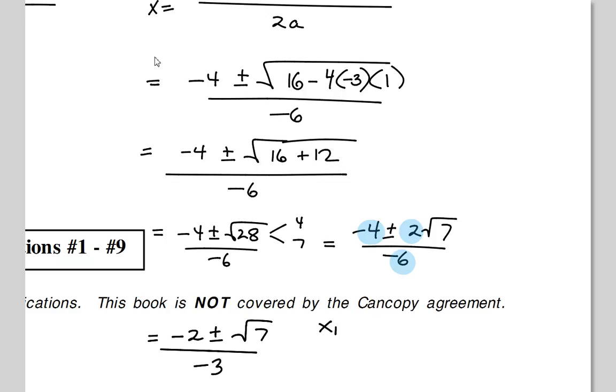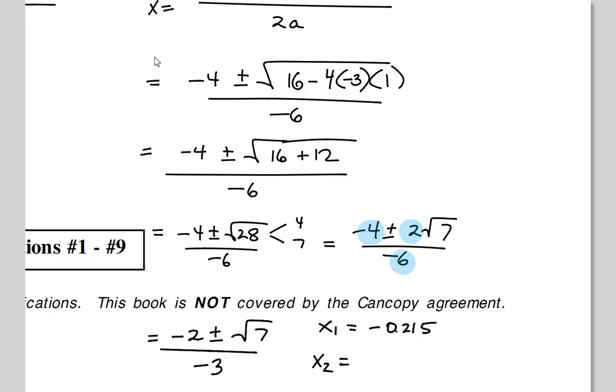Alright, get the 2 to the nearest hundredth or thousandth, whatever you want. Negative 2 plus root 7. Then I'm going to hit enter, and now I'll divide by negative 3. So negative 0.215.